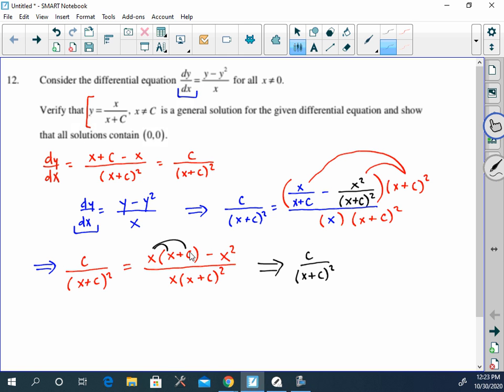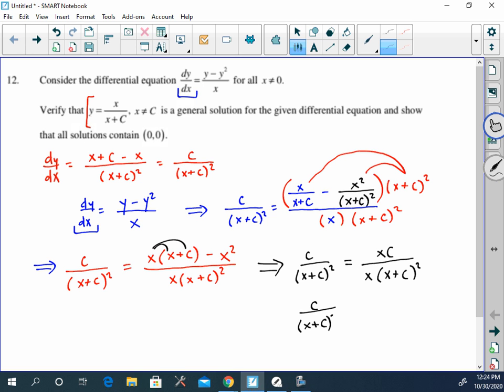So in the numerator, all I have left is x times c. And in the denominator, all I have left is x times x plus c squared. And then I always like to write it where they look exactly the same, because right now the x's are going to cancel, and then it's just going to be this equals the exact same thing on the other side. So I'm just going to write that right below it here.